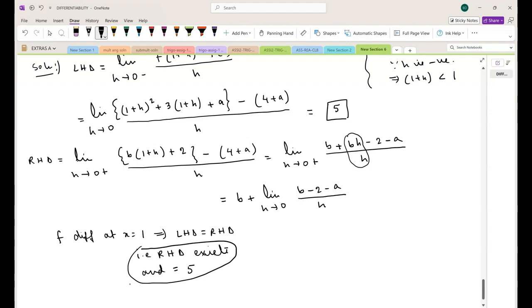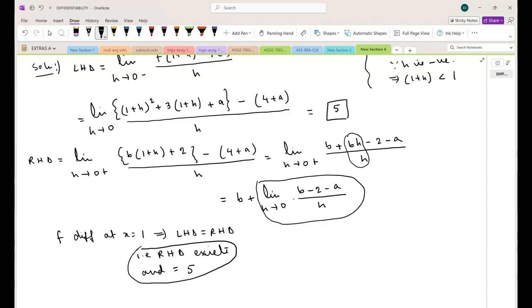Now if you look at this expression here, h tends to 0, the denominator is tending towards 0. So if the numerator is non-zero, then you know that non-zero by 0, that is, if you have a non-zero value in the numerator and the denominator approaches 0, then that limit does not exist.